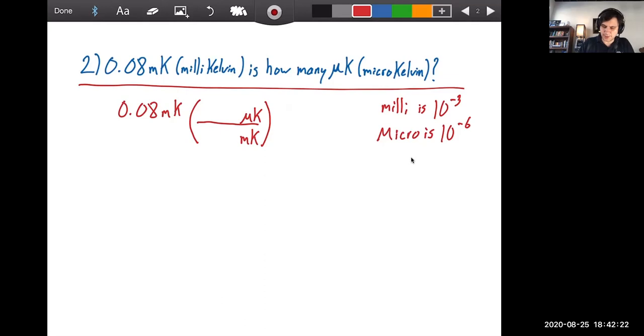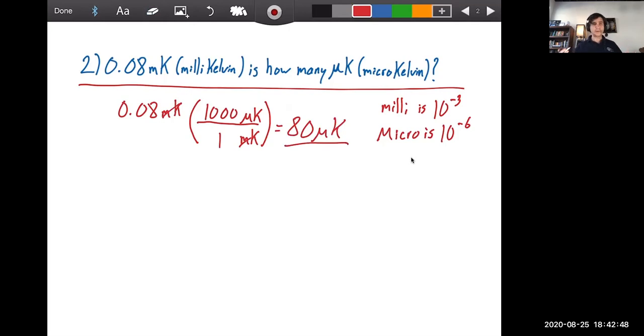So I would have 1,000 microkelvin and 1 millikelvin. So now I can cancel out, and I have 0.08 times 1,000, which equals 80 microkelvin.